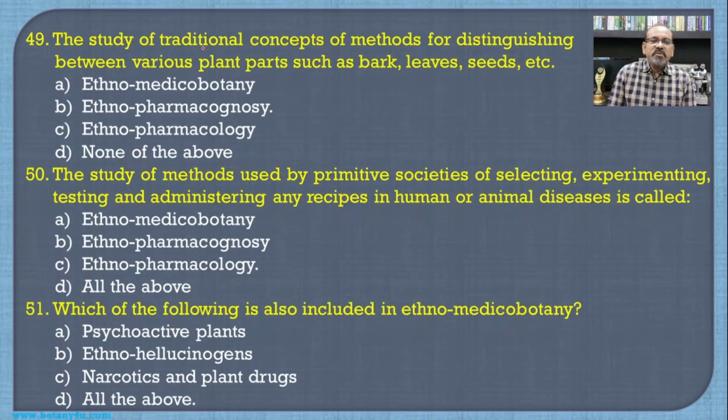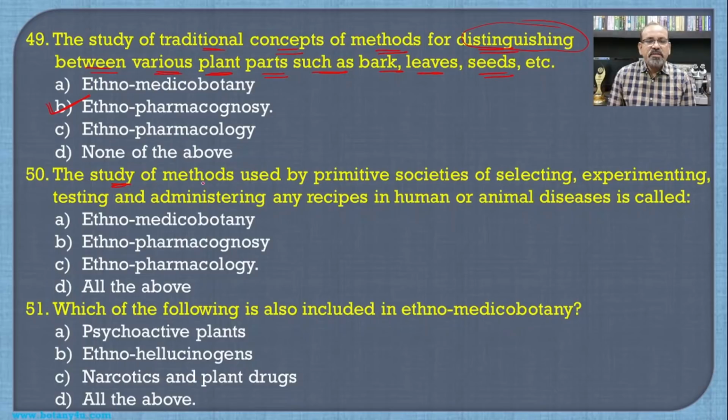The study of traditional concepts and methods for distinguishing between various plant parts such as bark, leaves and seeds, etc. You should remember that when methods of distinguishing the different plant parts are used, it is known as ethnopharmacognosy.